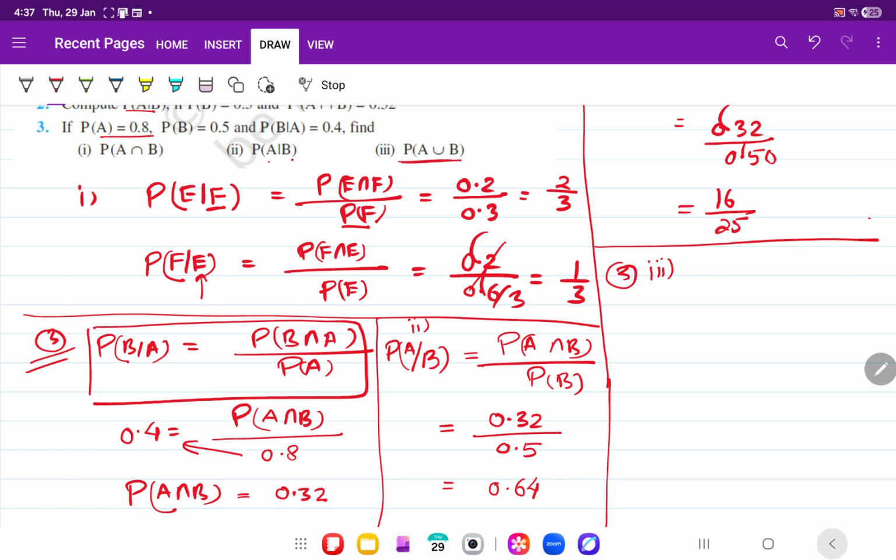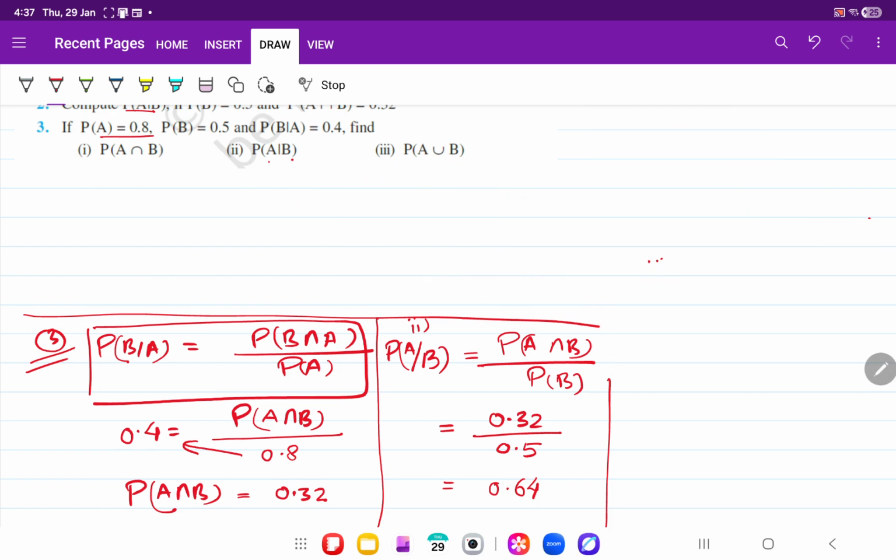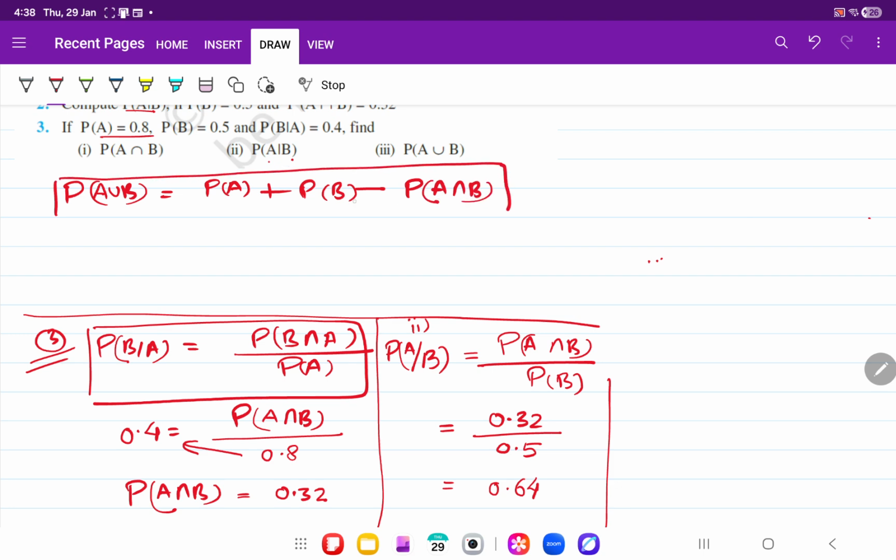Okay. So by the basic fundamental formula, P(A union B) is P(A) plus P(B) minus P(A intersection B). Always remember this formula. So we need the union.